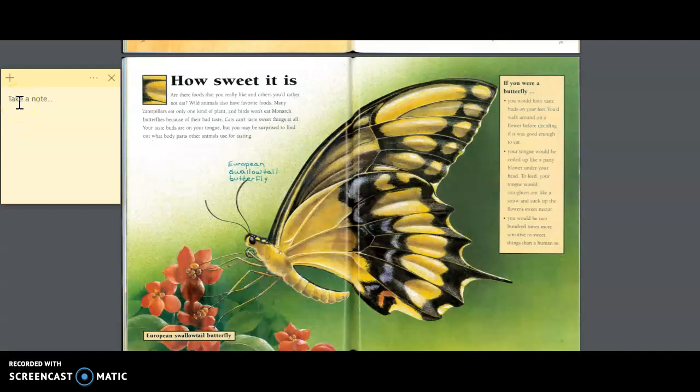One thing that I know is that animals taste things in different ways. That's something that I've read before. That's my background knowledge. So I want you to take a moment and write down something that maybe you already know. If you don't know anything about how animals use their sense of taste, then you don't have to write anything.